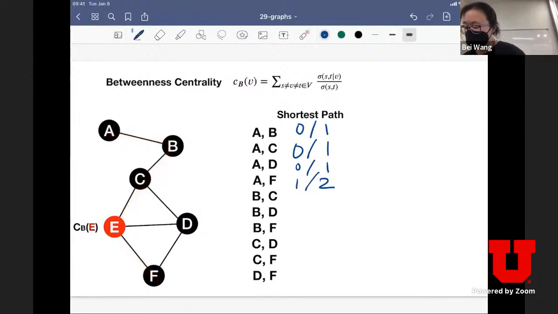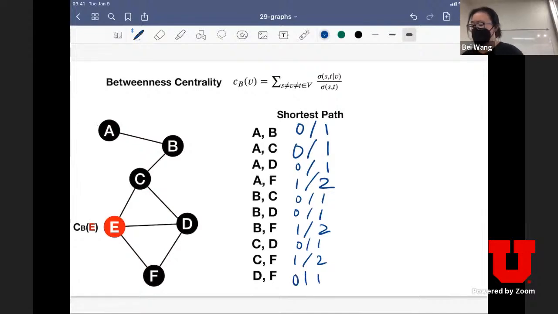We can also do BC, which is 0 out of 1, BD is 0 out of 1, and now BF. Going from B to F, you have this path and this path, both of the same length, so there are 2 paths, and one of them contains E. Same thing with CD, which is 0 out of 1, and CF, which goes through here and through here. So there are 2 shortest paths, one path contains E, and DF is 0 out of 1.